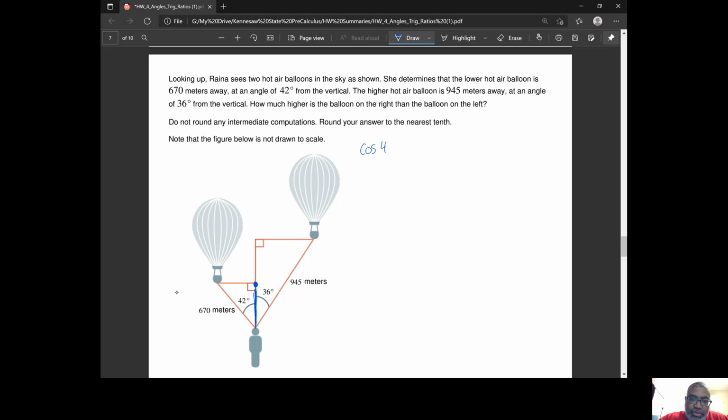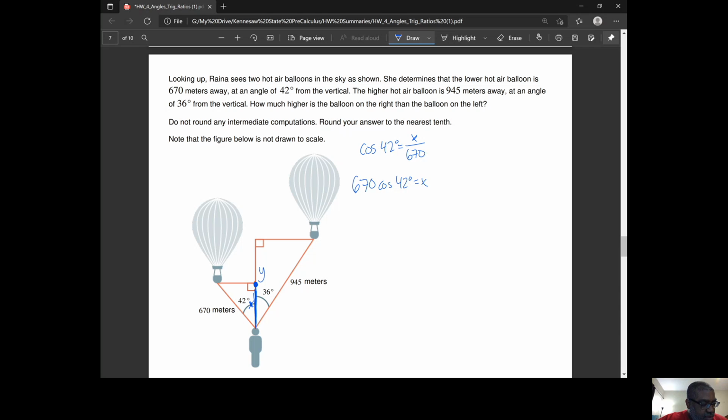So cosine of 42 degrees is equal to, we'll say that this is X, X over 670. We'll call the big line Y. So 670 cosine of 42 degrees is equal to X.